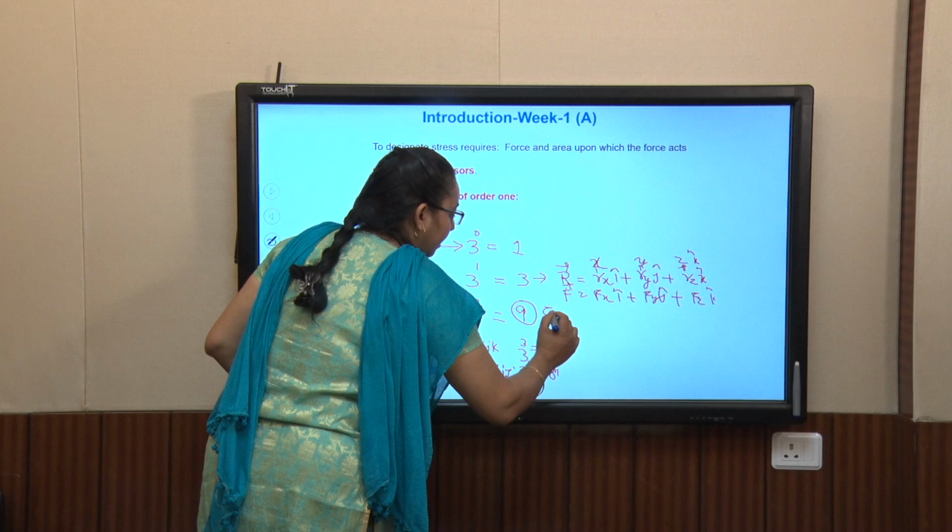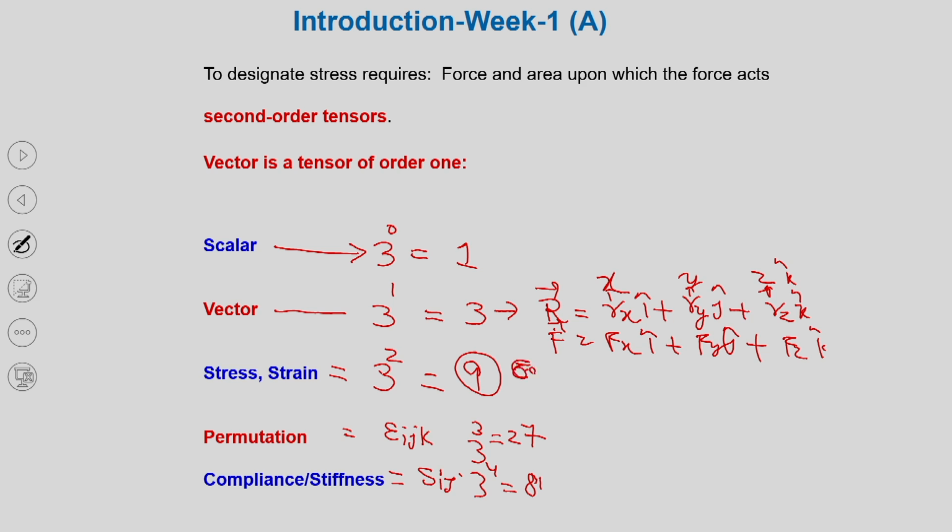For example, sigma xx, sigma yy, sigma zz, tau xy, tau yz, tau zx, and the other 3 are yx, zy and xz. In this way we require 9 components of stress to define a state of stress.